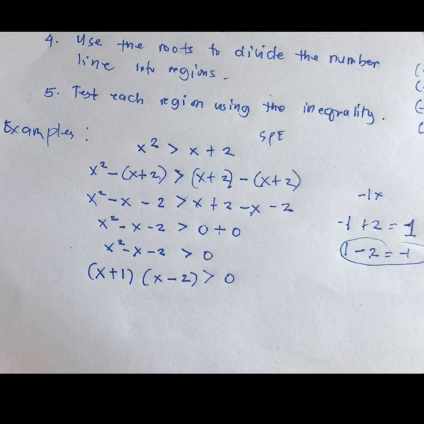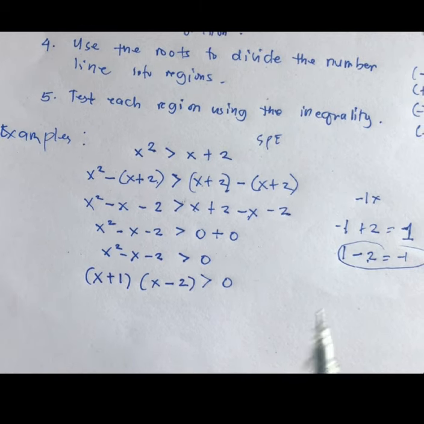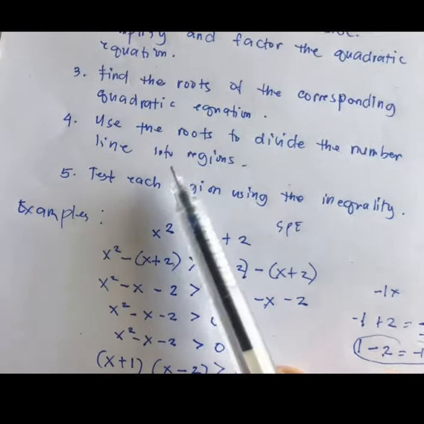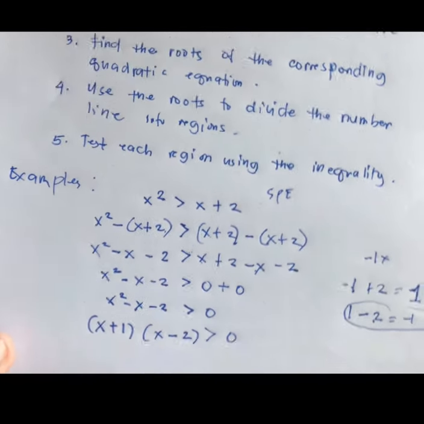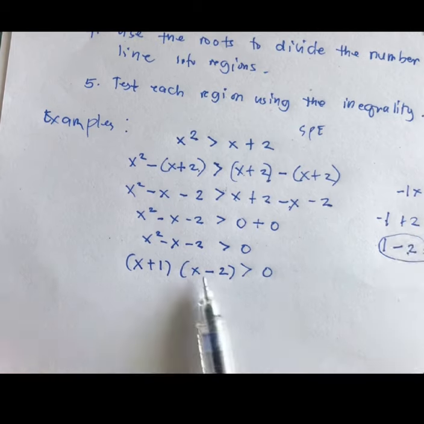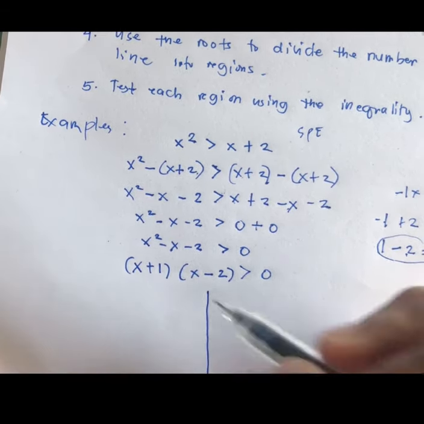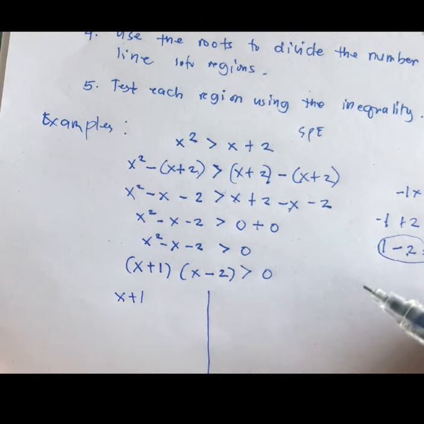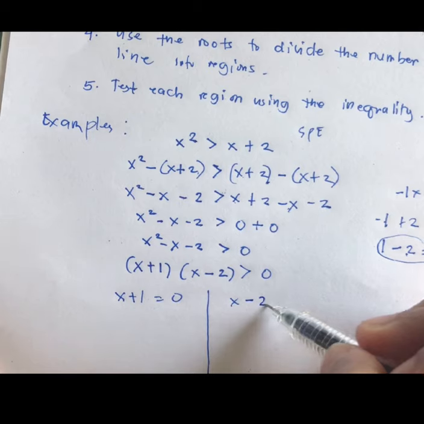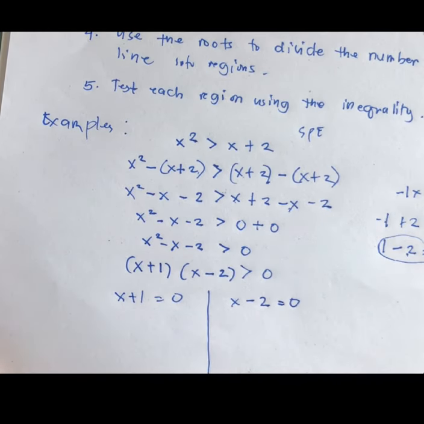Do you follow? Now, the next thing, step 3, is to find the roots of the corresponding quadratic equation. So, using these factors, hanapon nato ang roots. Baguhon nato na si dya. We have here x plus 1. We have to set that into 0. And x minus 2, we have to equate that to 0 as well.